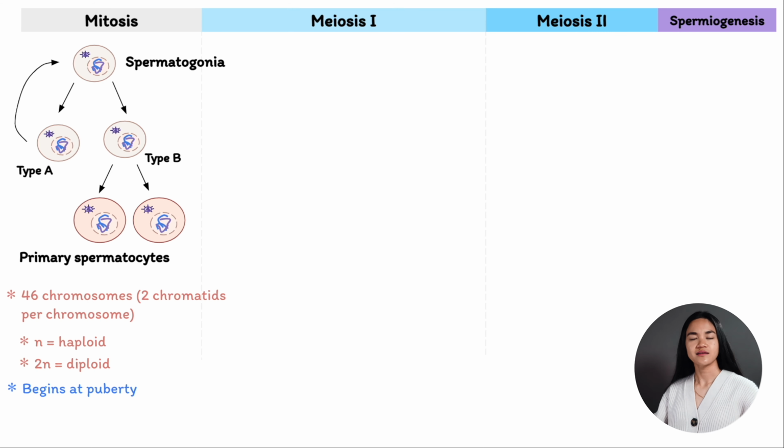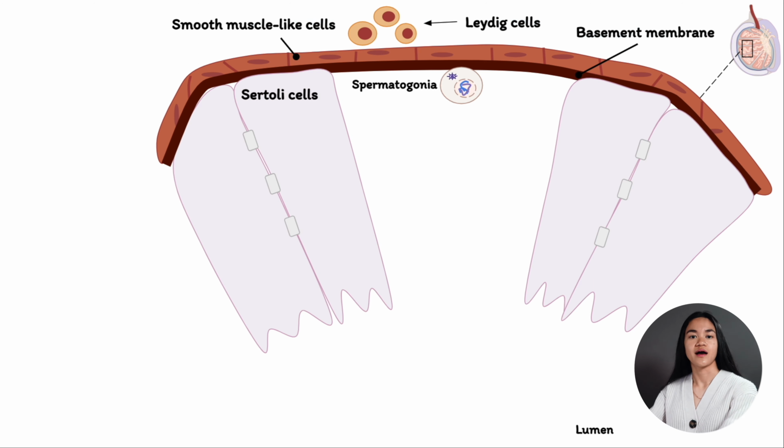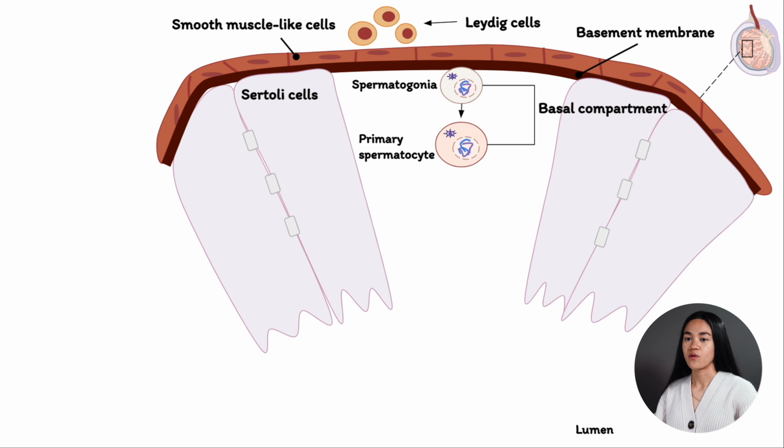Okay, so let's go back to the Sertoli cell diagram and apply this. We have a spermatogonium here in the basal compartment, and we're going to produce a primary spermatocyte by mitosis. This is happening in the basal compartment, and primary spermatocytes will increase in size, and it's going to move through the tight junctions of the Sertoli cells.